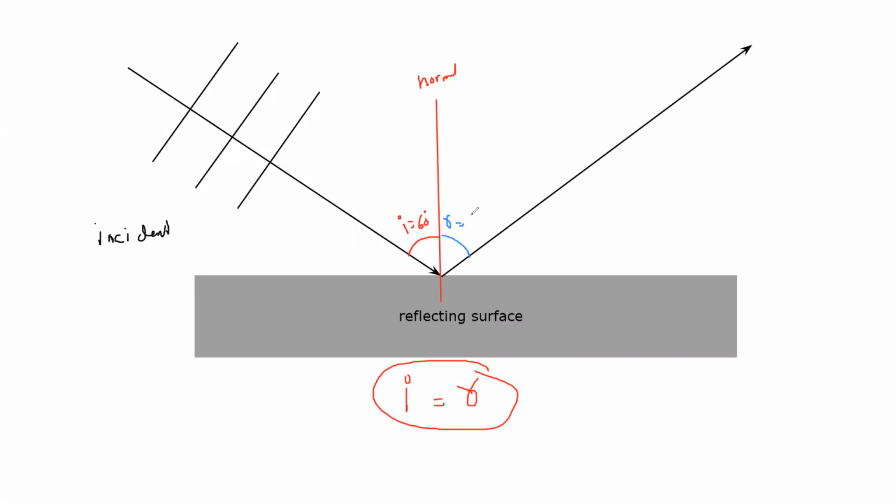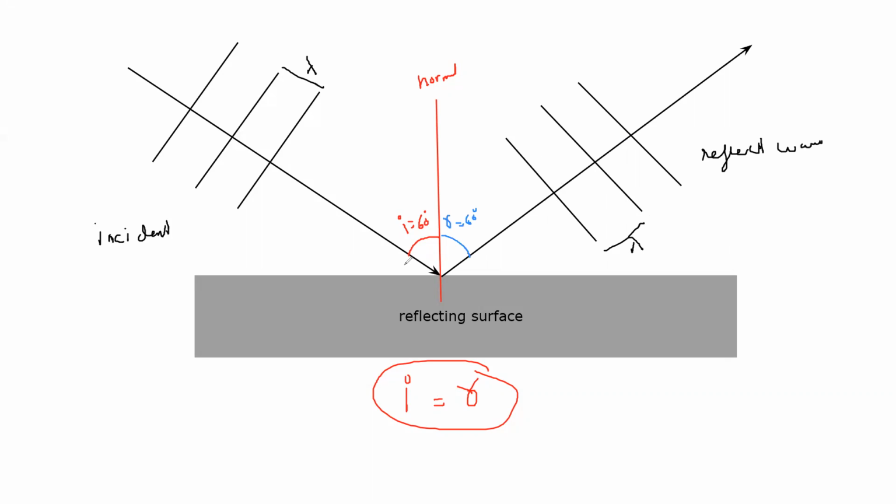The angle of reflection should also be 60, and then draw the wavefronts. Keep in mind, this distance, which is the wavelength, should be equal to the other distance, which is also the wavelength. So only the direction changes, and this one is a reflected wavefront.